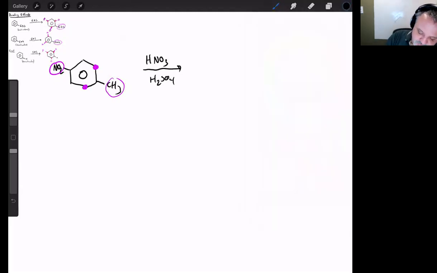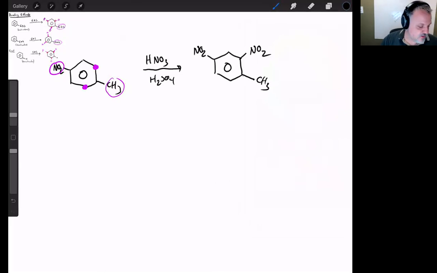So in this particular example, both groups are directing to the same position. So as long as that's the case, there's no consideration to be made about where the subsequent electrophilic aromatic substitution reaction takes place. The problem arises when the two groups direct in different directions.